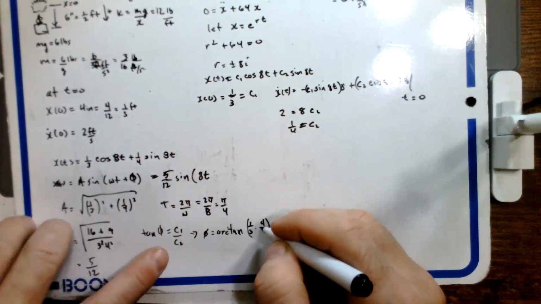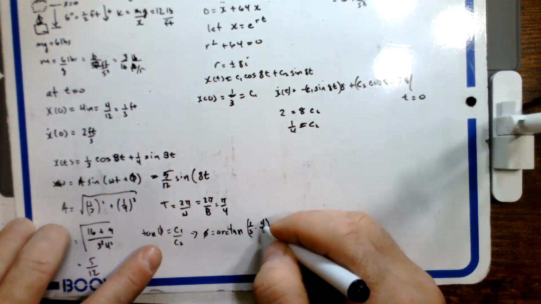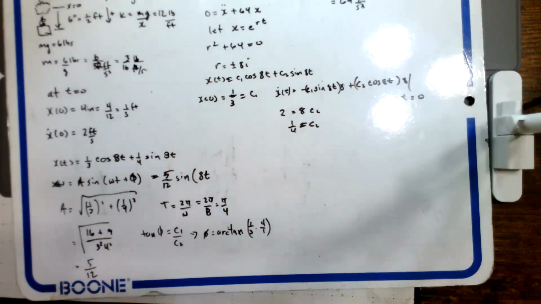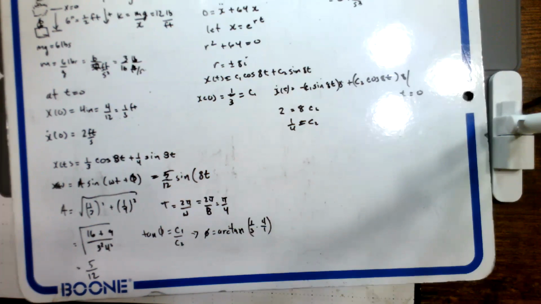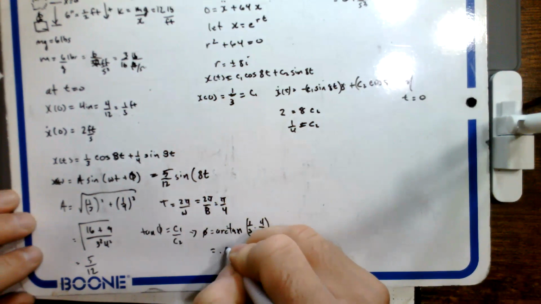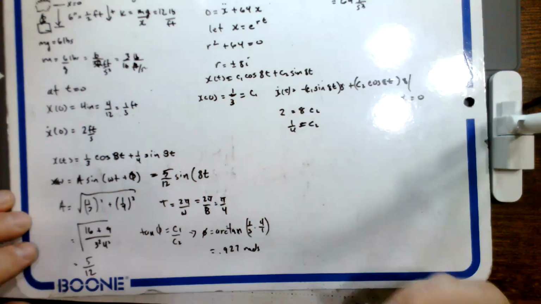The reciprocal of C2 is flipping it over, so it's 4/1. So that's the inverse tangent of 4/3, which gives us 0.927 radians if you plug it in.